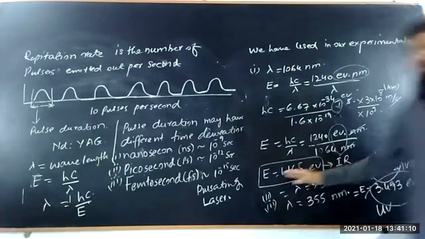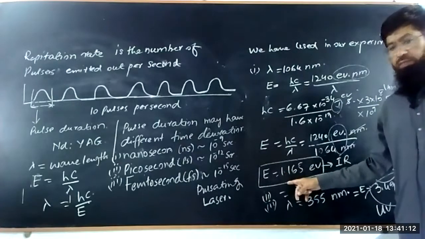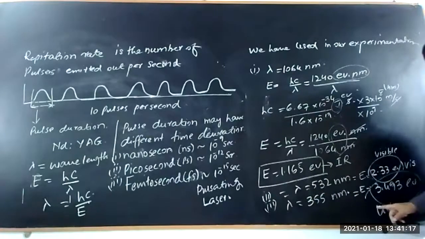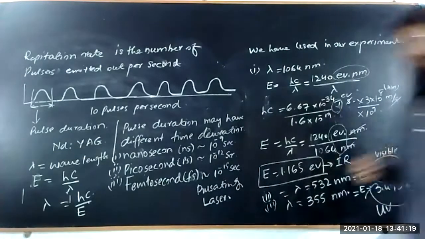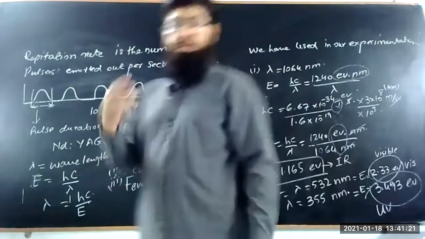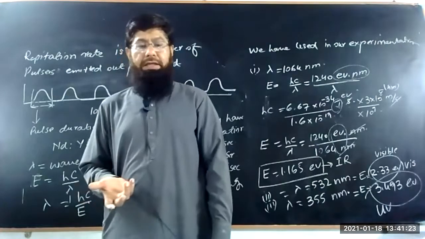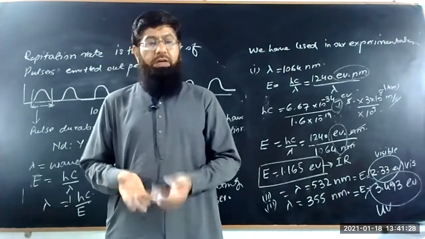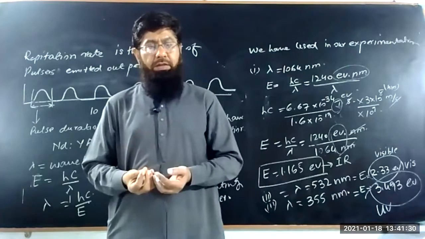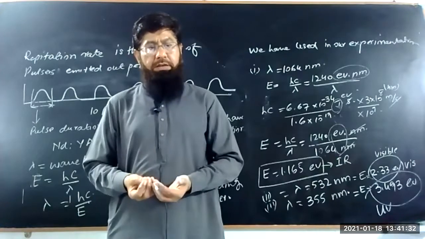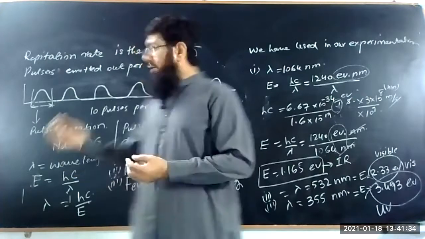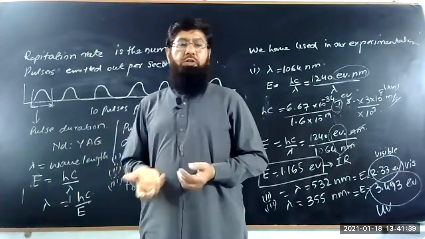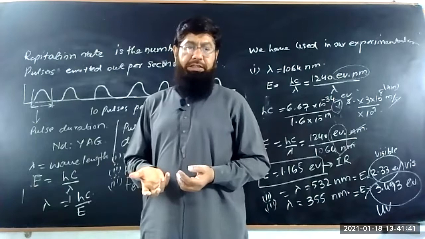So we have three types of laser available: IR, UV, and visible. Which laser is to be fired on the material to ablate it depends upon the nature of the experimentation. What is your experiment? What is your requirement? The choice of the wavelength totally depends upon the experimental conditions.